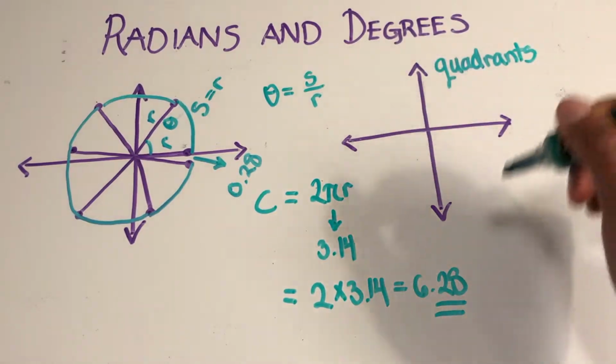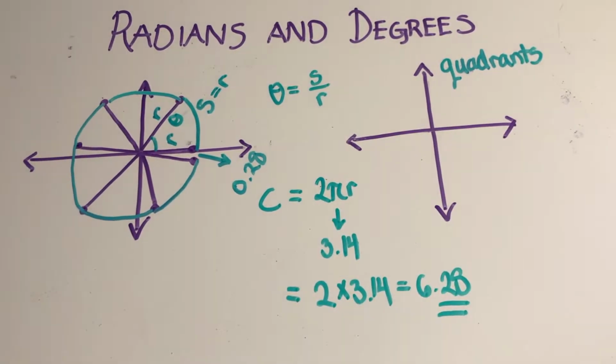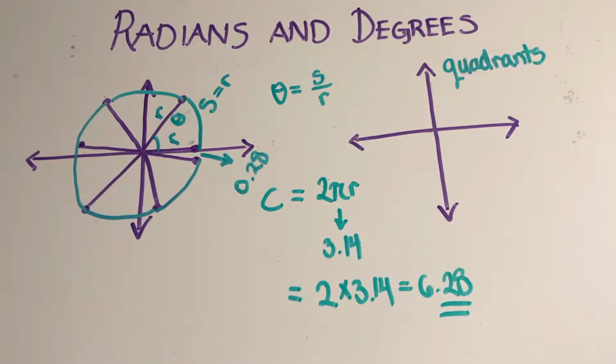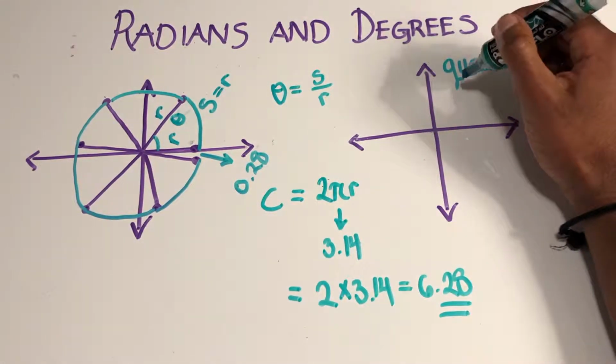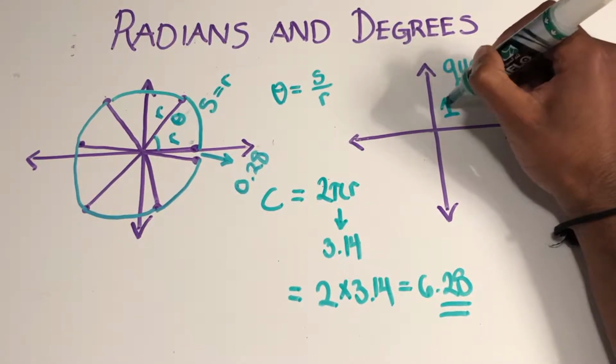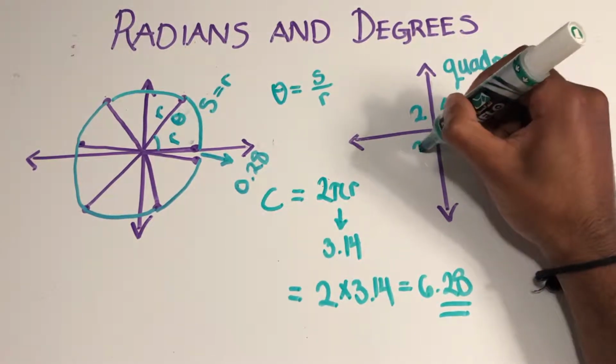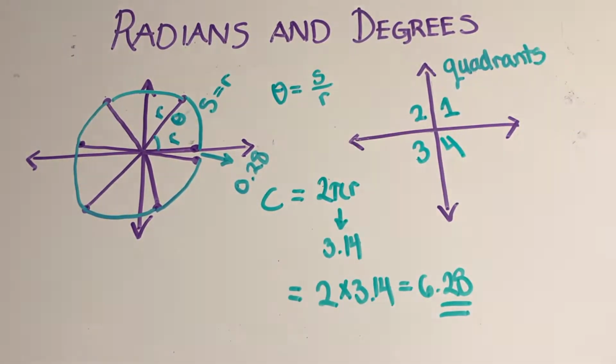I'm telling you this now as you're going to need to know what it means later, as it will be useful to solving many problems in trigonometry. So on the graph, this section is called quadrant 1. This section is quadrant 2, 3, and then 4.